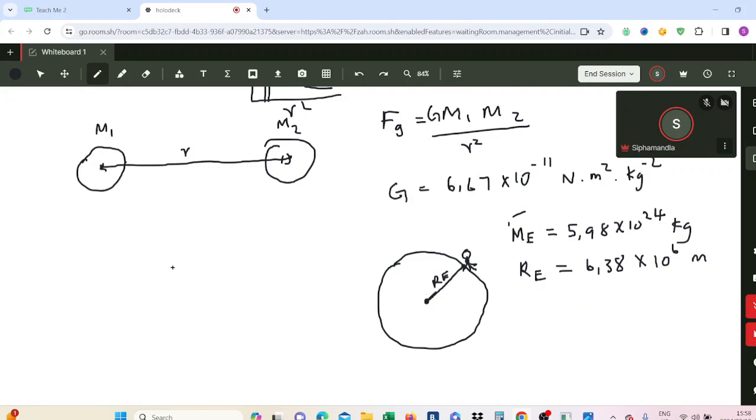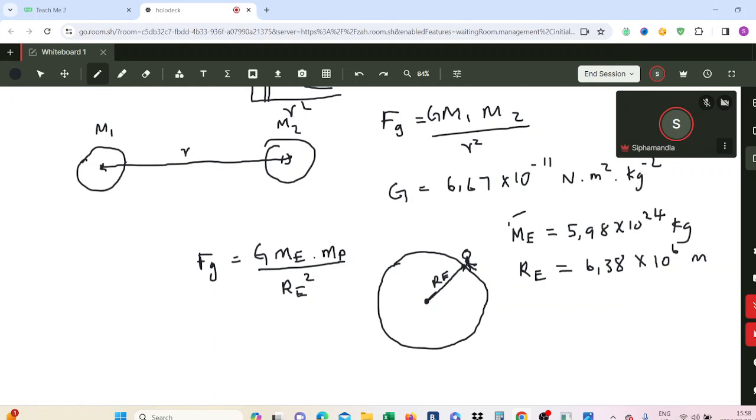So if I want to find the gravitational force, which is Fg, it will be equal to G times the mass of the earth times the mass of the person, divided by the radius of the earth squared, right?